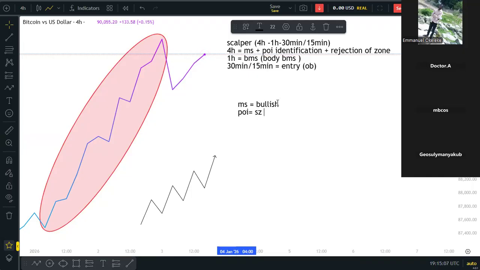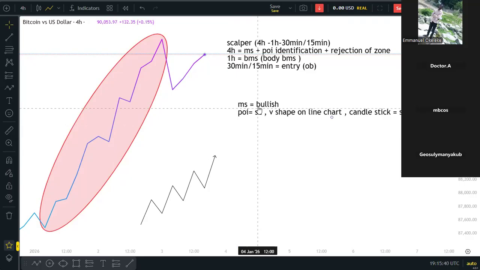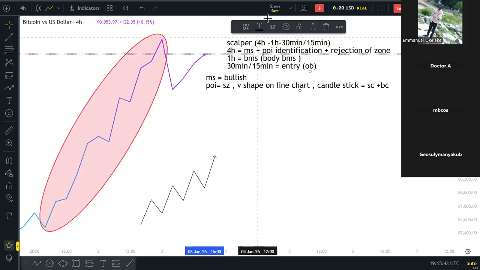We have already established that our support zone is a V shape on the line chart, and on the candlestick, it is a sell candle plus a buy candle.